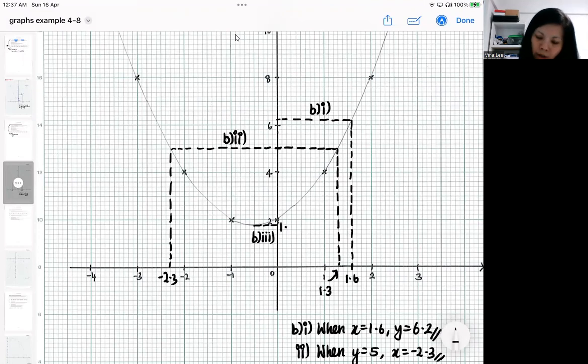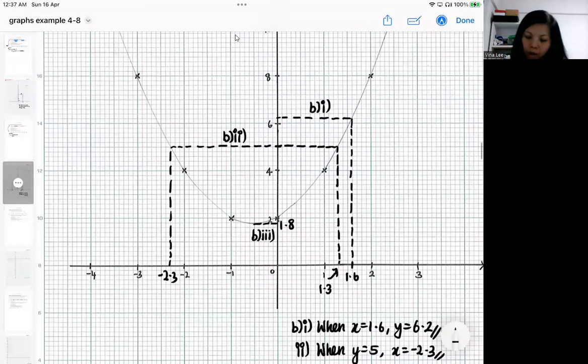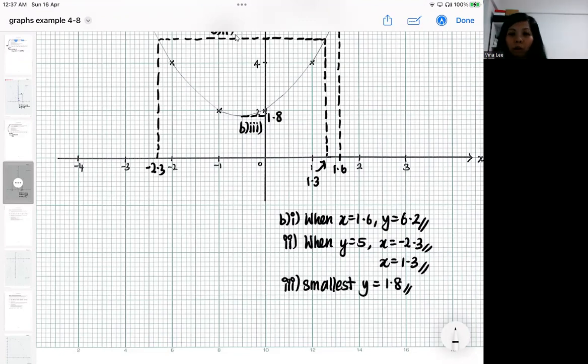In this case, I think I get something like 1.9. Is it 1.9? No, it's 1.8. Okay, so this is 1.8. Then I will answer them. The smallest y is 1.8, the lowest y value that the graph can get.